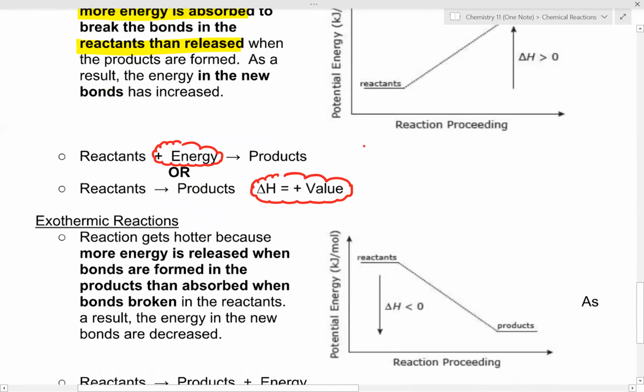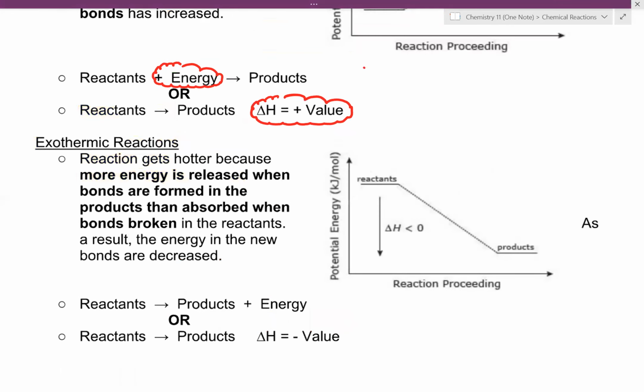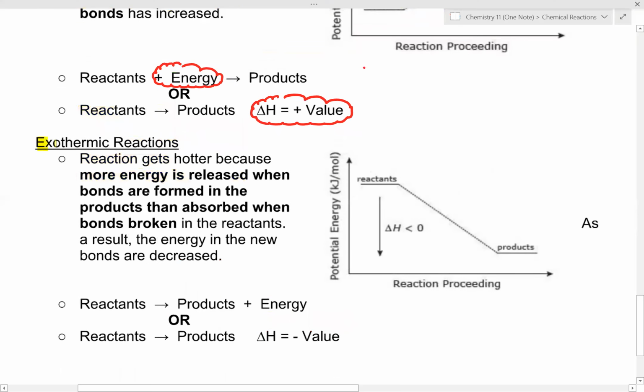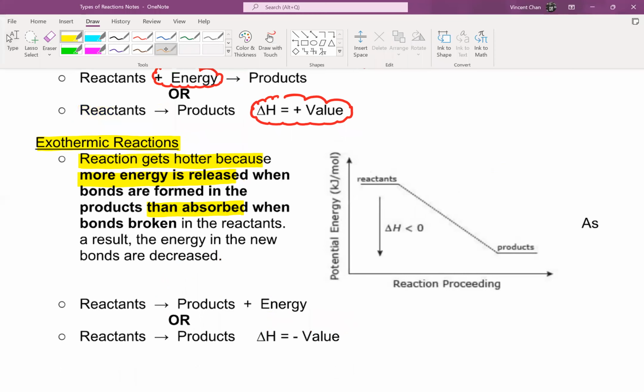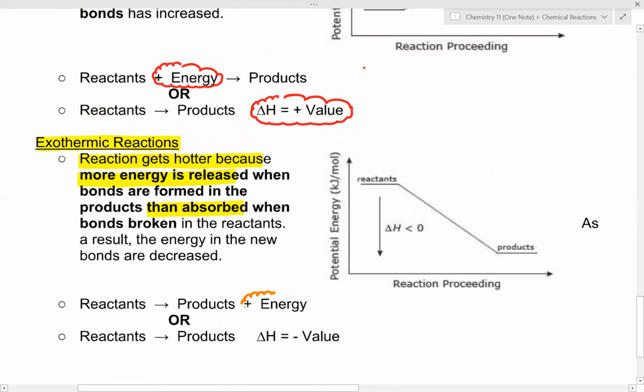If you have an exothermic reaction, the reaction gets hotter because more energy is released than absorbed. Okay, now, how do you recognize exothermic reactions? Notice the energy term is in the products, and delta H is a negative value because you're losing more energy.